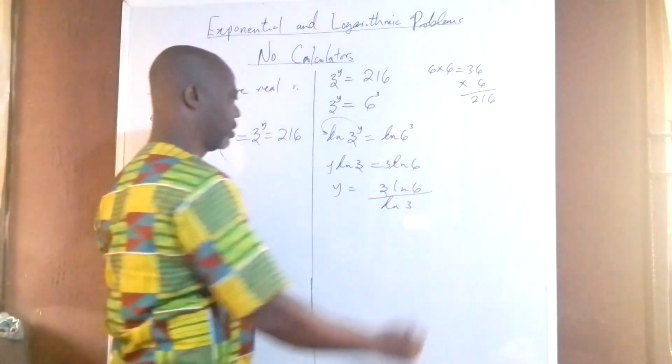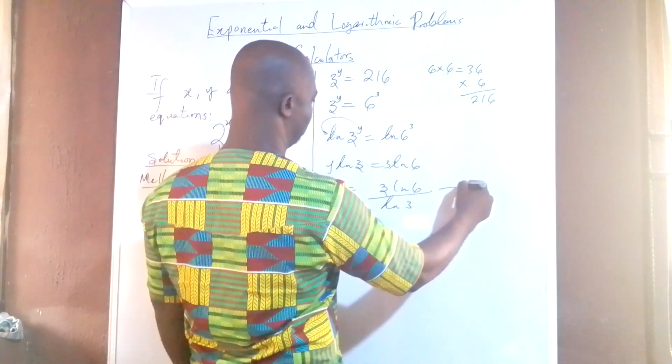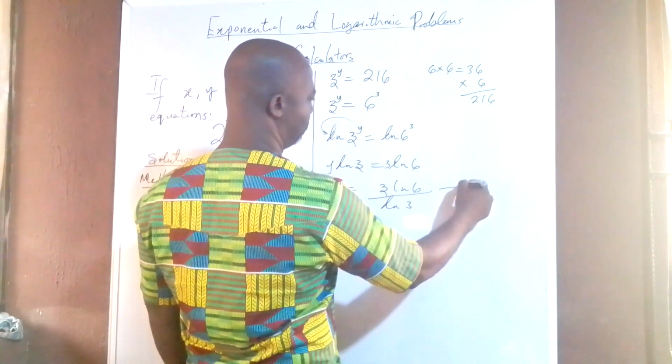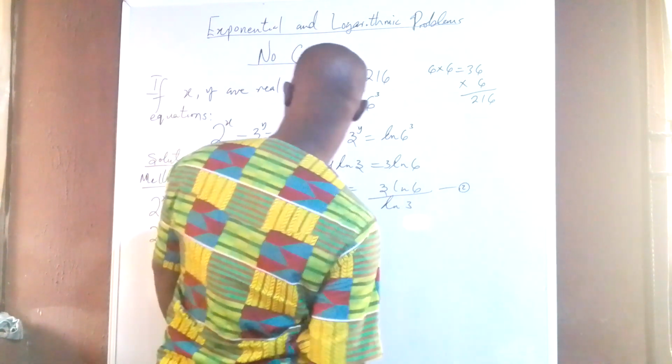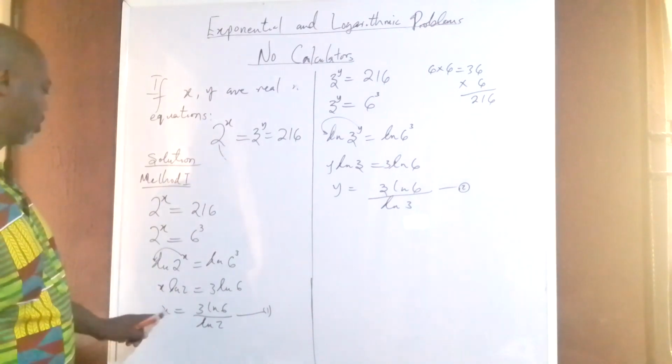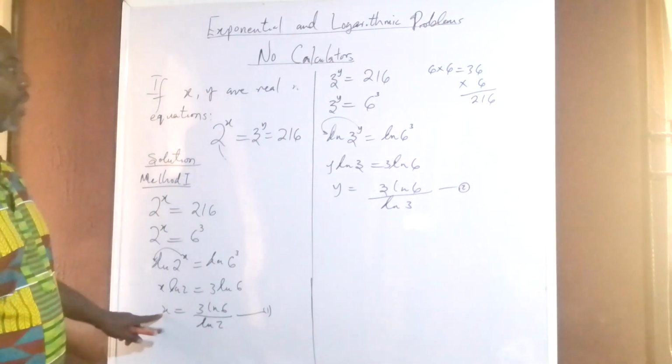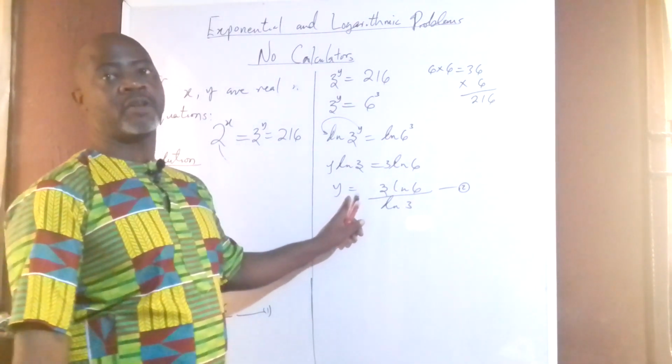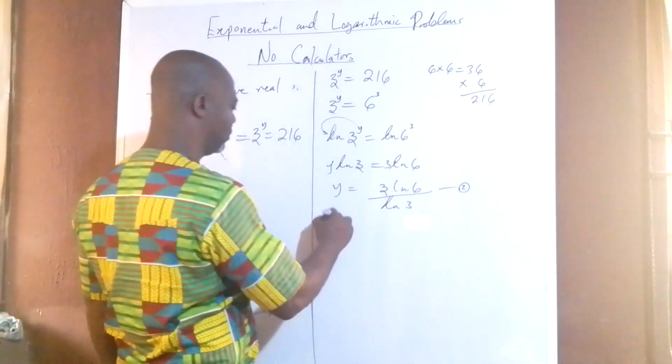So we can call this equation 2. What we need to do is to find the reciprocal of equation 1 and also find the reciprocal of equation 2.